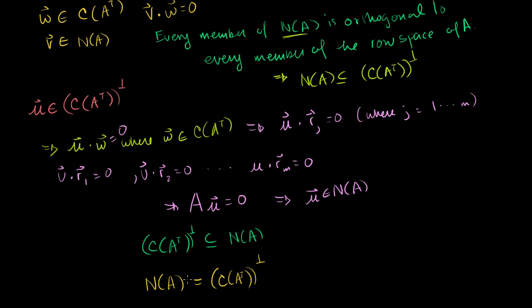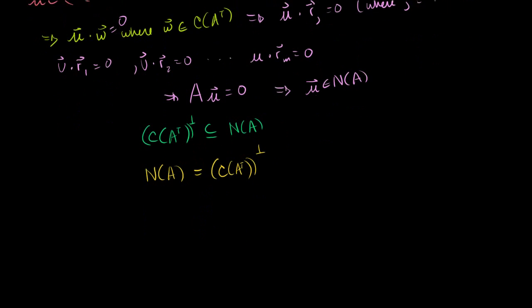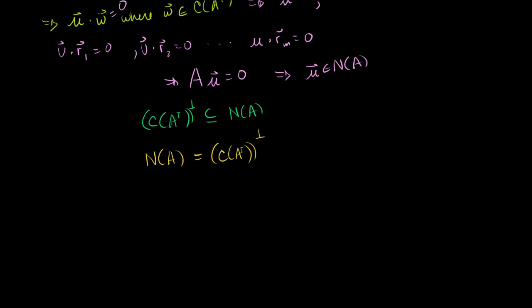Now, I related the null space with the row space. Now, I could just as easily make a bit of a substitution here. Let's say that A is equal to some other matrix B transpose, right? It's going to be the transpose of some matrix. You could transpose either way. So if I just make that substitution here, what do we get? We get the null space of B transpose is equal to the orthogonal complement of the column space of B transpose transpose.